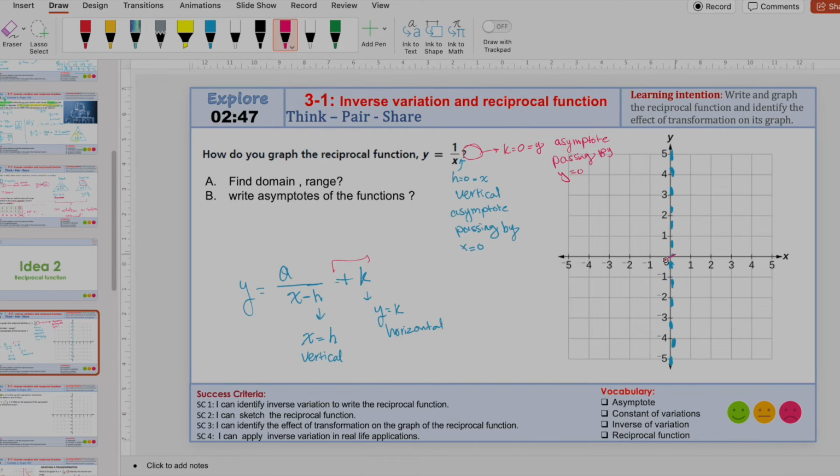This is y equals 0, and I will have an asymptote, which is going to be a horizontal one passing by that value to cut the y-axis by that value. So it's going to be a horizontal asymptote. It's very important for you to know that always the y is horizontal and the x is vertical. It's very, very important.